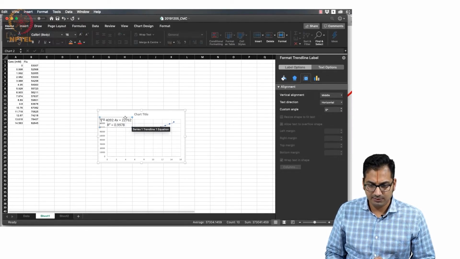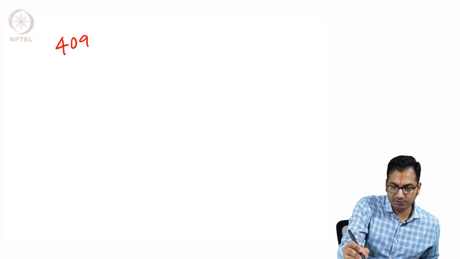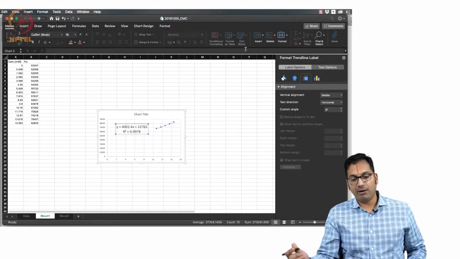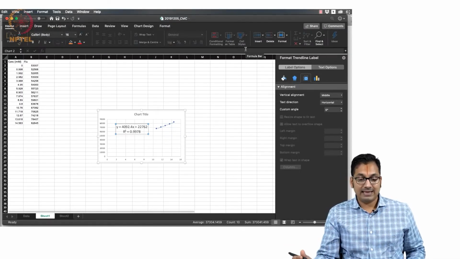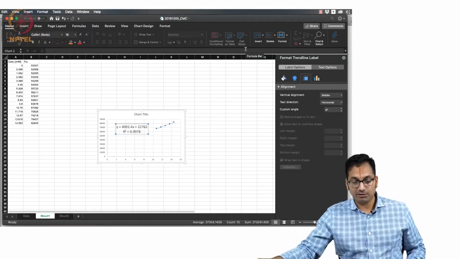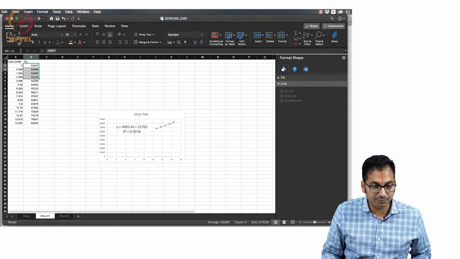So what do we get? We get something like 4092.4 x plus 22762 is equal to the y factor. And now one has to understand this: we are trying to find where it meets the basal value, and in order to find the basal value we can try to take the average of the first few points.